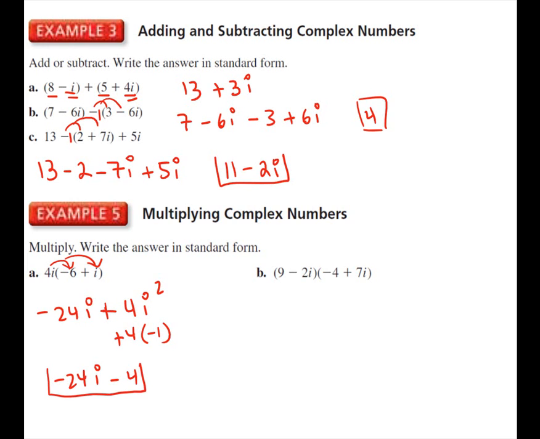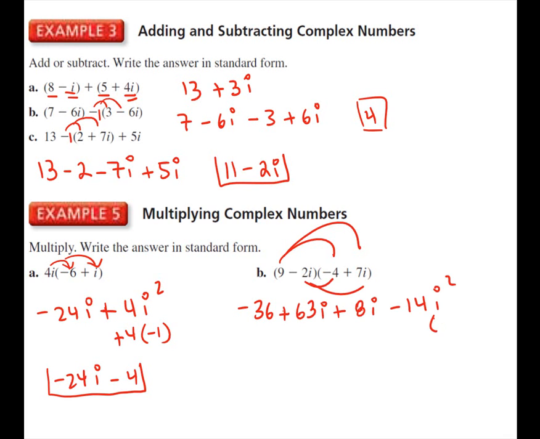Okay? Over here, we're going to FOIL. We multiply. That's negative 36. Multiply here. That's positive 63i. Multiply here. That'll give you a positive 8i. And multiply here. That's going to give you a negative 14i squared.